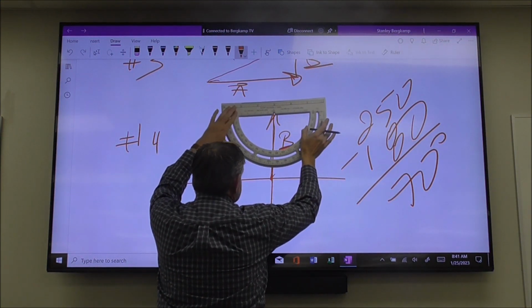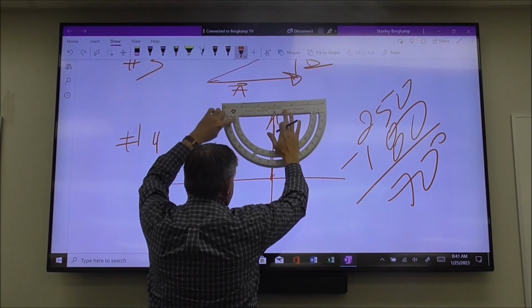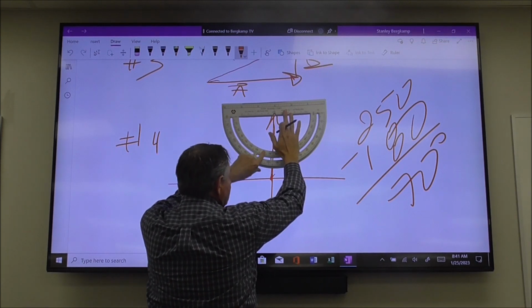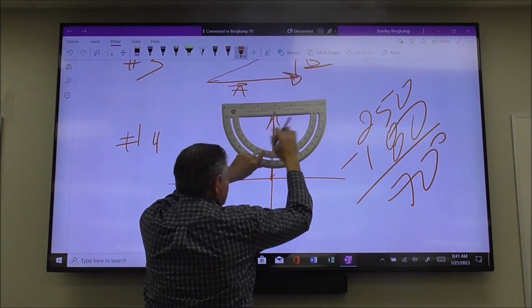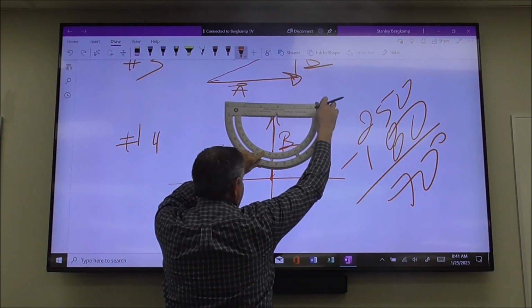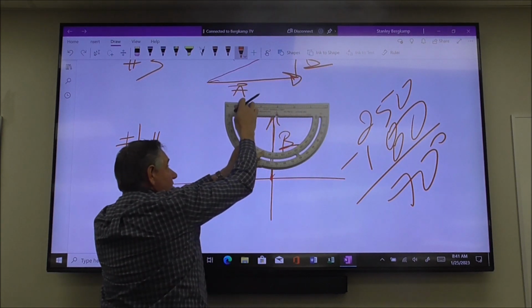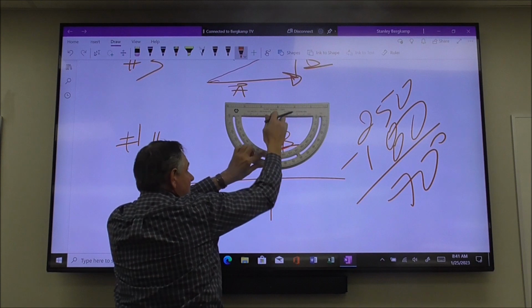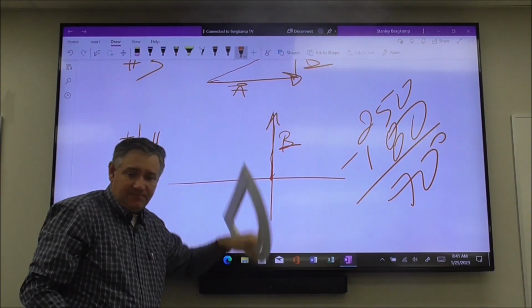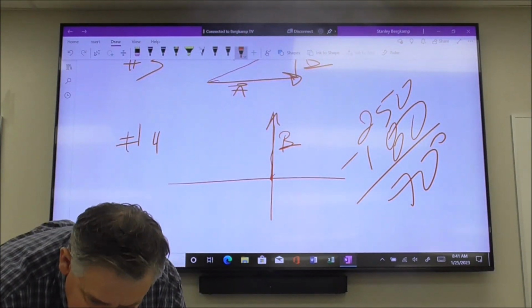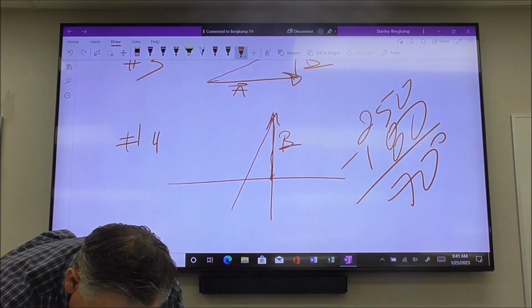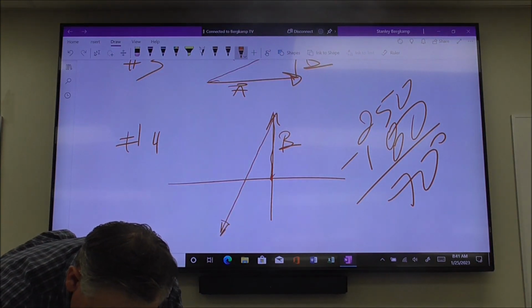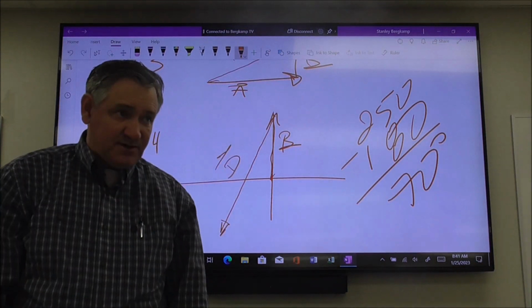Then I'm going to put this like this. And then I'm going to measure another 70 degrees to get down here. So I'm going to start here. There's 0. There's 180. Another 70. That gets me to 250. So I'm going to draw this vector down here like this. Okay? So there's vector D.